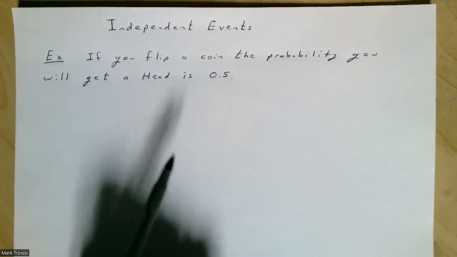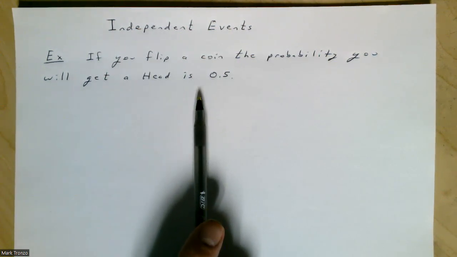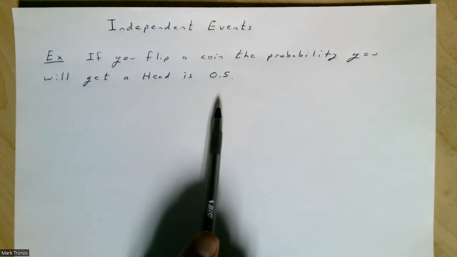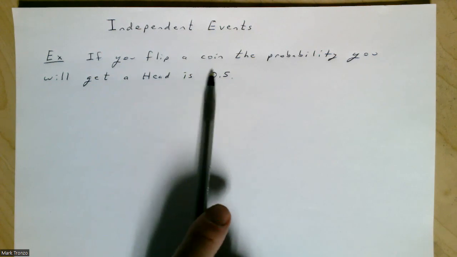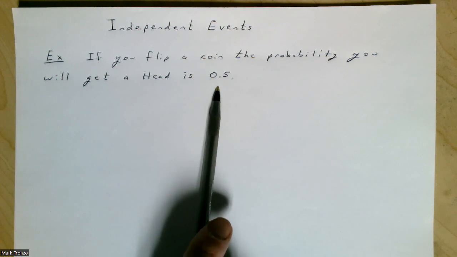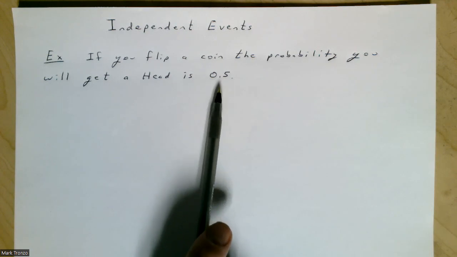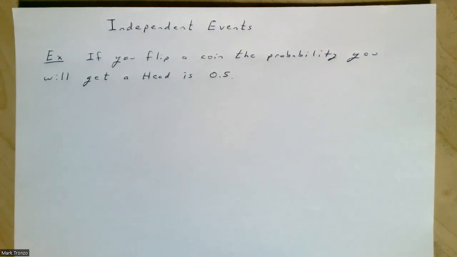It doesn't matter how many coin flips there were previously, and you could have had maybe 10 heads in a row up to this point. Yet when you flip the coin again, the probability of it being heads is still 0.5. So this is an independent event. In other words, this flipping of a coin is not dependent on anything that has happened previously.